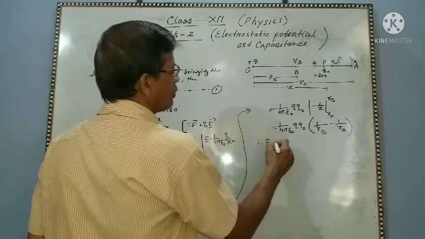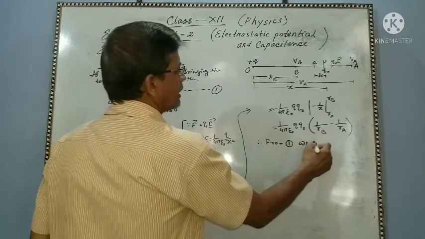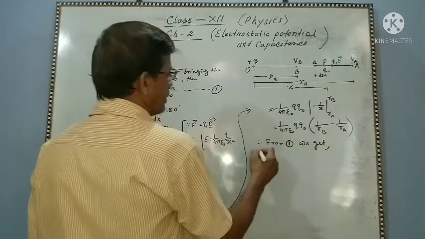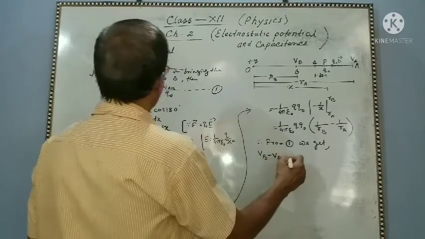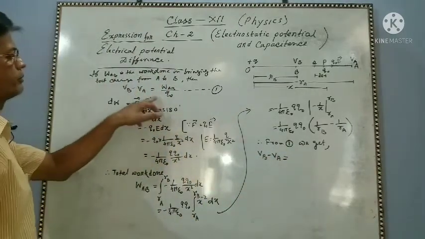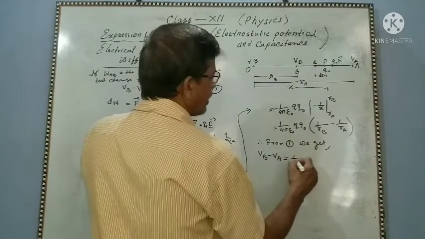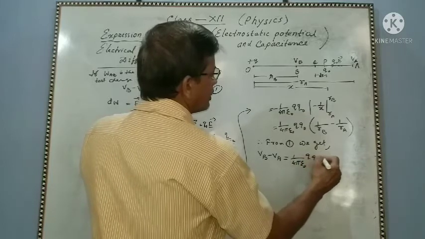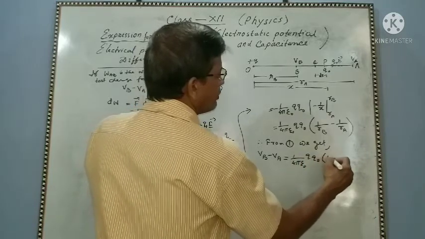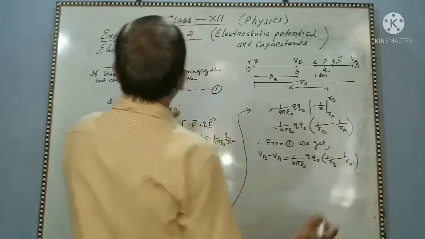So what will be VB minus VA from equation 1? From 1 we get VB minus VA equal to WAB, which is 1 by 4 pi epsilon naught Q naught into 1 by RB minus 1 by RA, divided by Q naught.